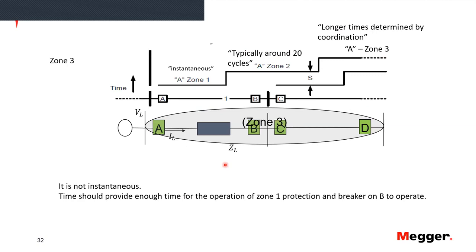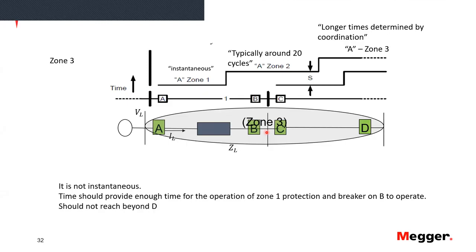Now, here I am showing a forward-looking zone 3. See that this zone is only operating, or should only operate, for faults ahead. Let's say that the load here moves in this direction from A to B. So this is the forward-looking direction for this relay.